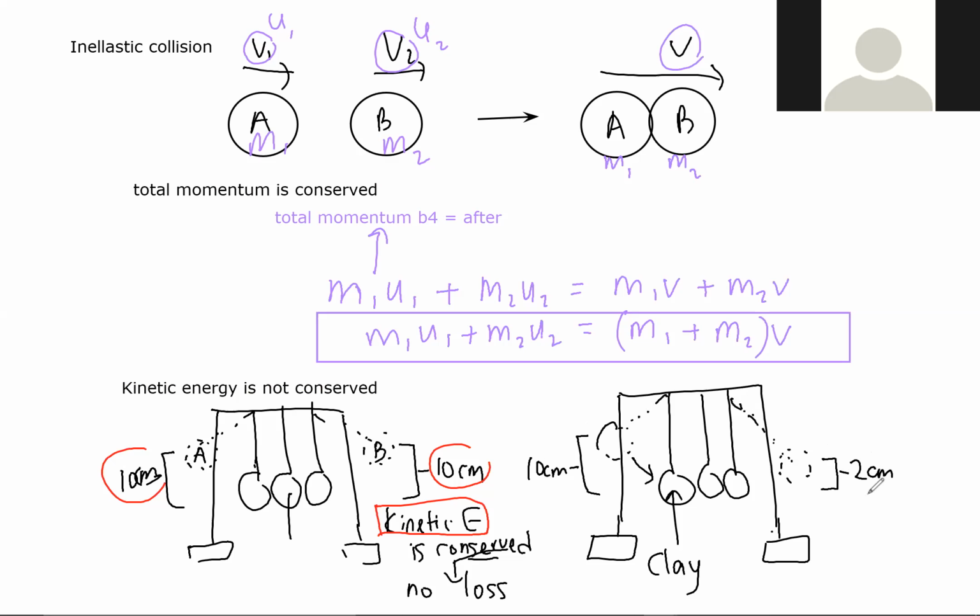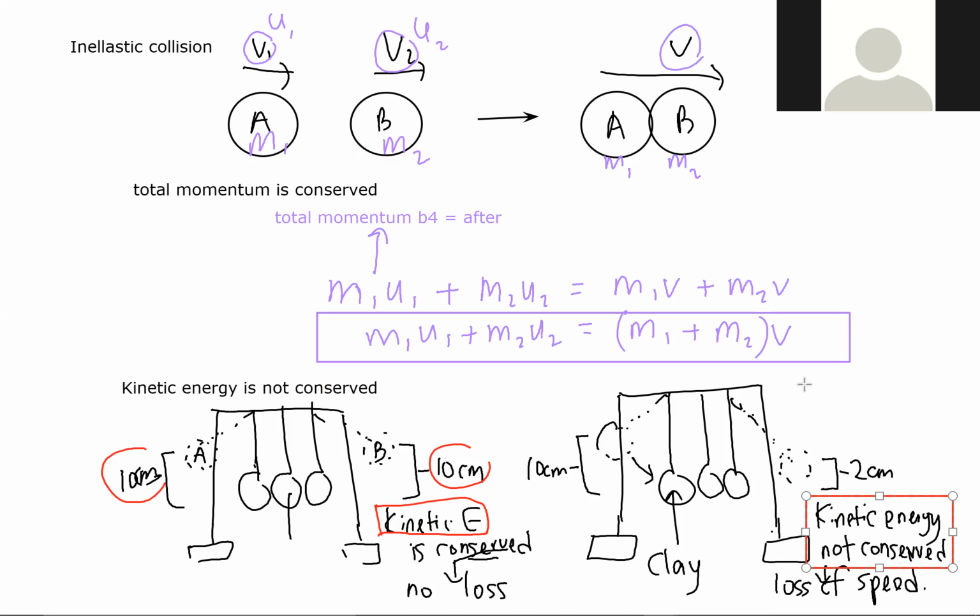Okay, or we can say kinetic energy is not conserved. Kinetic energy is not conserved, so there is a loss of speed. Okay, so we can say that when kinetic energy is not conserved, means that it is an inelastic collision.